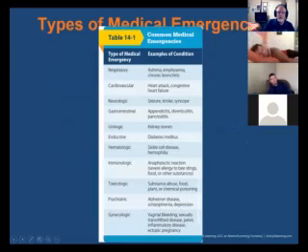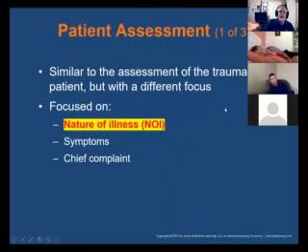Okay, this chart's in your book. These are common emergencies, examples of condition on the right. Those are the things that we're called to assist with, and the system that's involved is in the left-hand column.